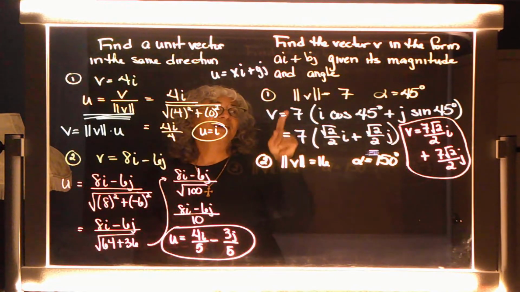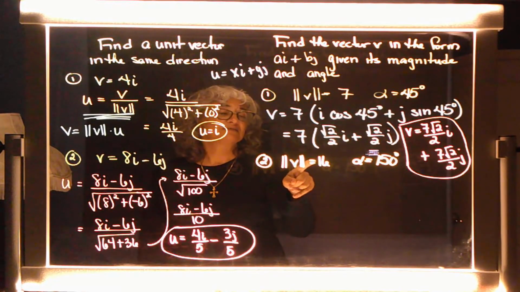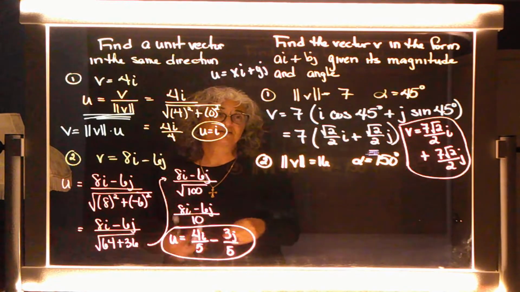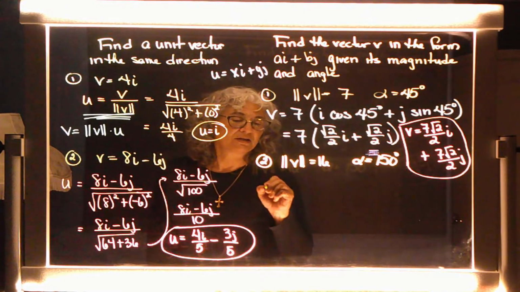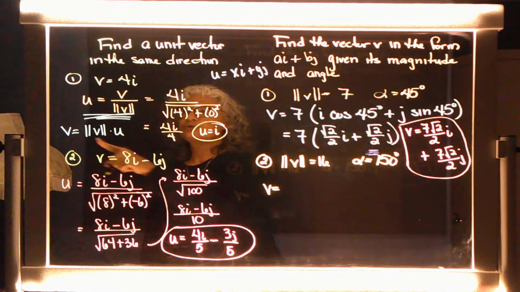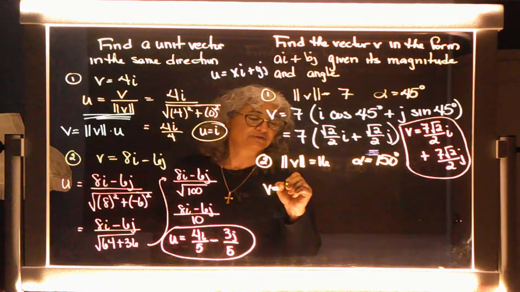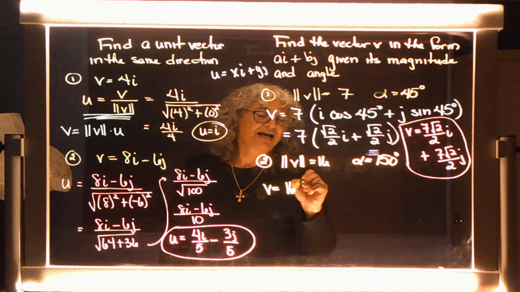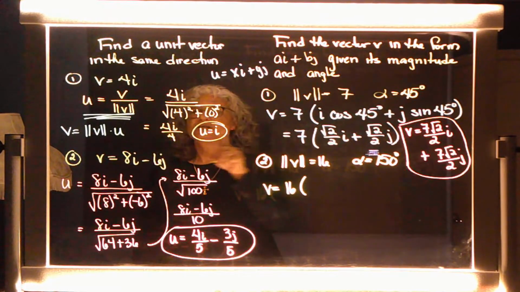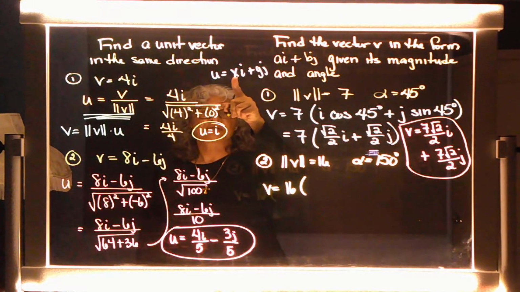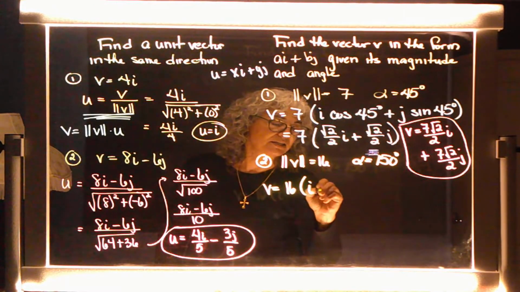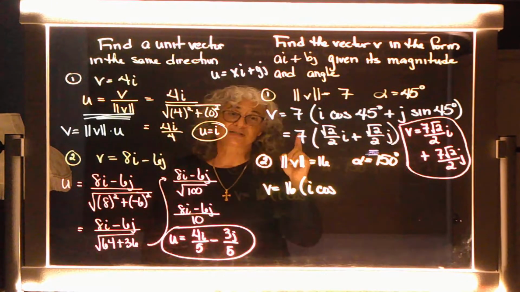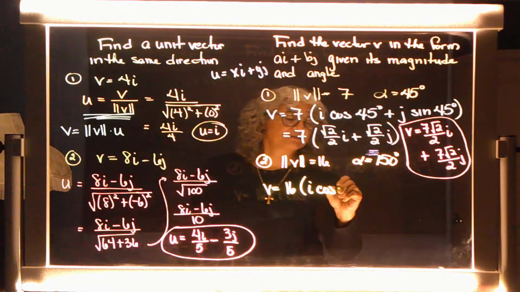They want us to find that vector v given the magnitude and the angle. So, same situation. V is going to be equal to the magnitude of v, which is 16, times u. Well, u could be rewritten as xi plus yj, but remember, since I'm talking unit, I can talk cosine and sine in place.